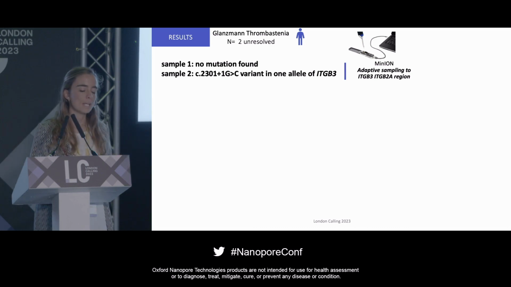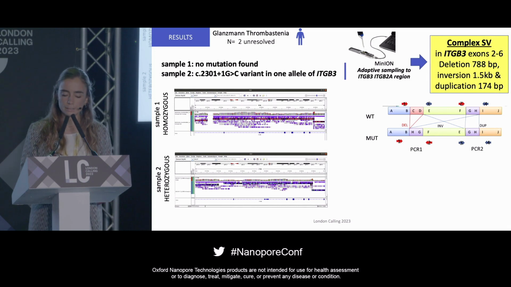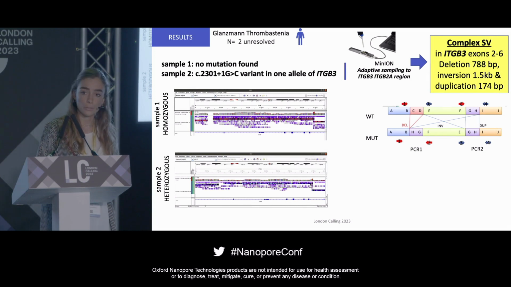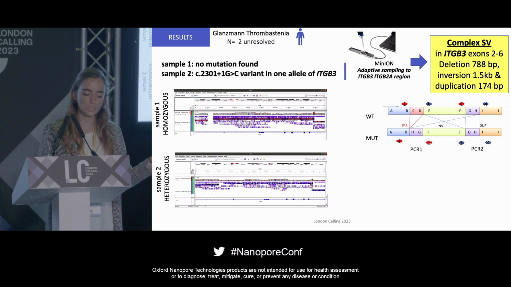And by this strategy, nanopore sequencing detected a complex structural variant affecting the ITGB3 gene involving exons 2 to 6. And it was very interesting because it was a deletion, inversion, and duplication that impairs the structure of this gene.